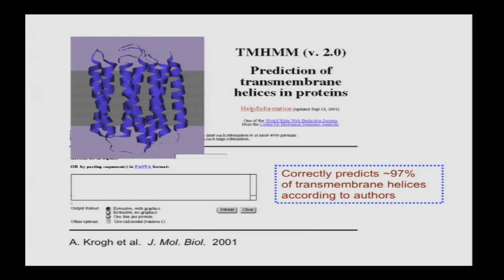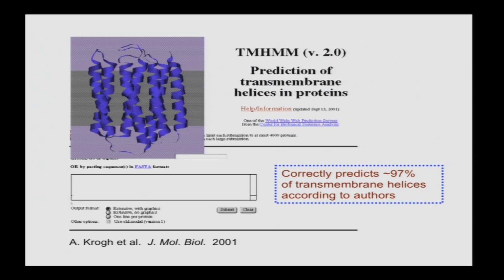There's one famous family of 7 transmembrane helix proteins, and others that have 1 or a few transmembrane helices. Knowing that a protein has at least 1 transmembrane helix is very useful for predicting its function and localization. And knowing that it's a 7 transmembrane helix protein is also useful.